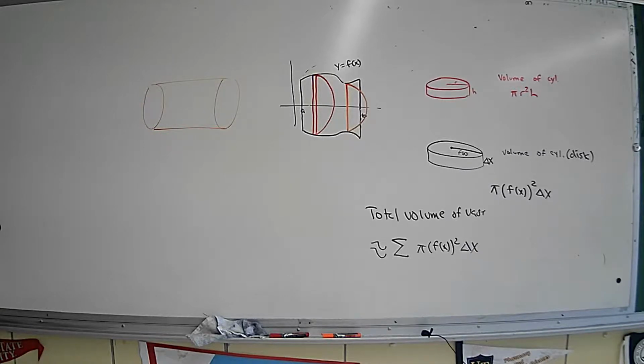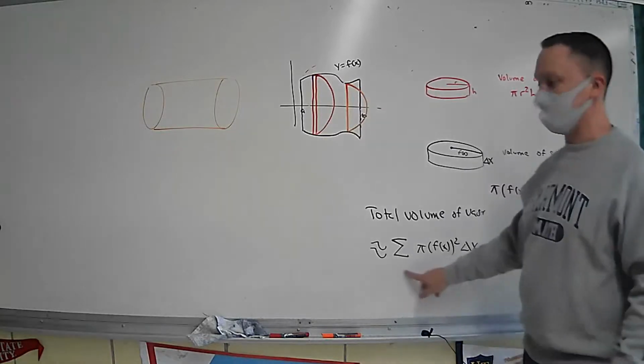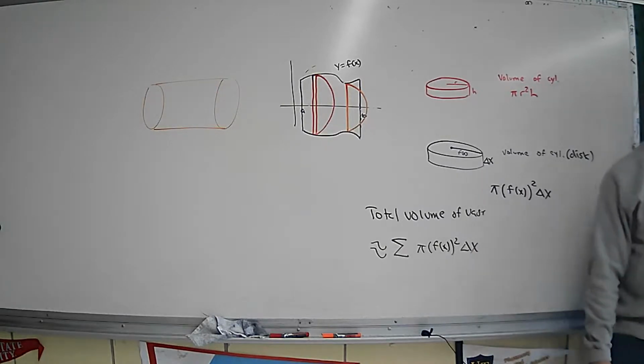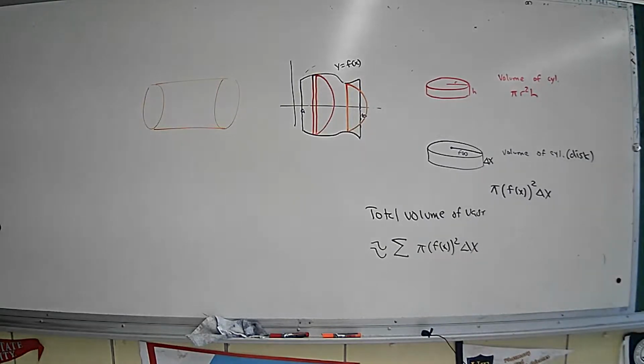What do we need to do to make those slices infinitely thin in this situation right here? What needs to go to 0? What tells you the thickness of the slice? Delta x.